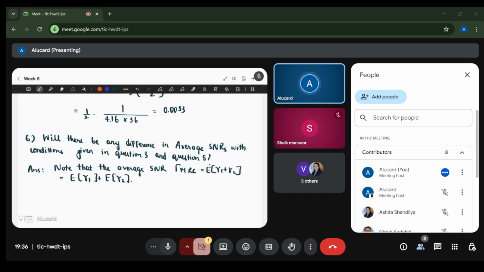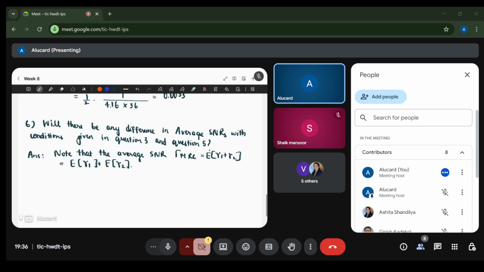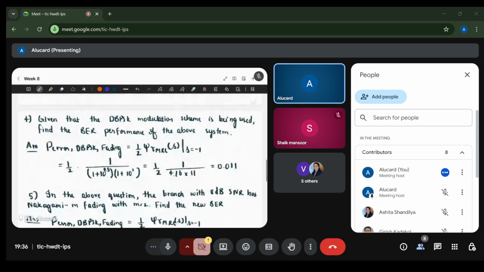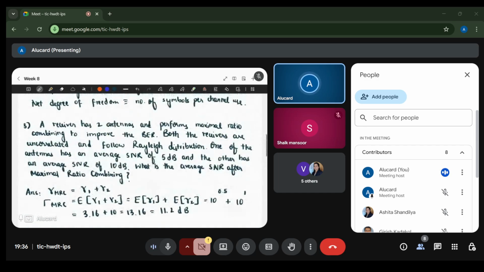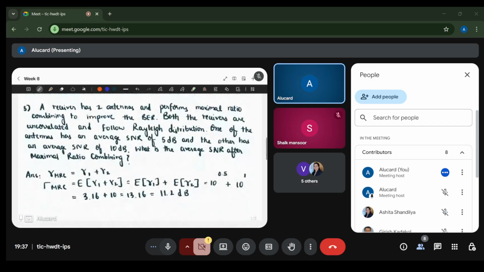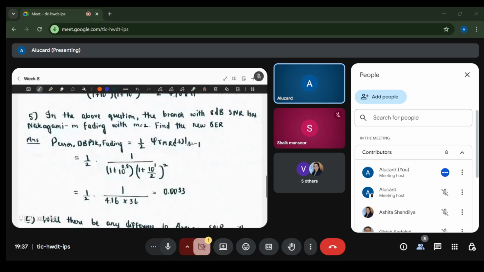In question 3 and question 5, is the average SNR changing because the distribution is changing, or is it not changing? So here you see in the formula that there's no dependency on the distribution. There is only dependency on the average SNR. Of course, will the average SNR change with the change in the distribution? That you have to decide yourself.